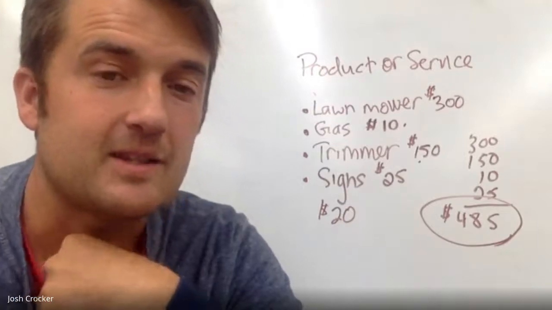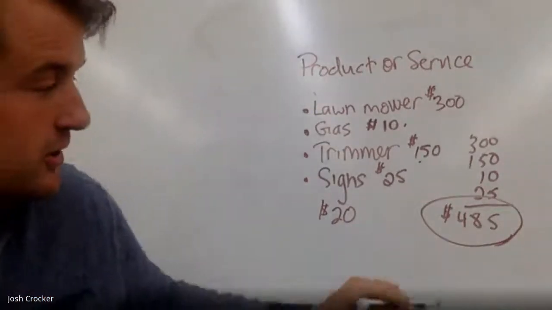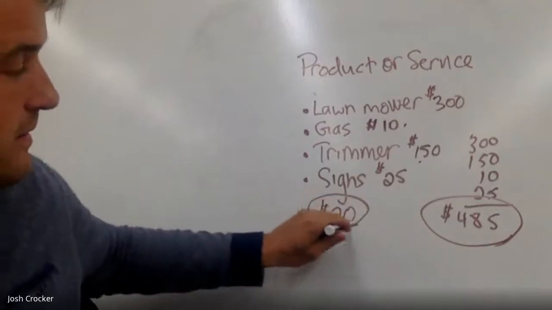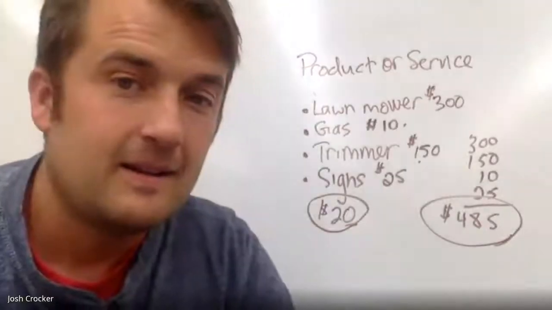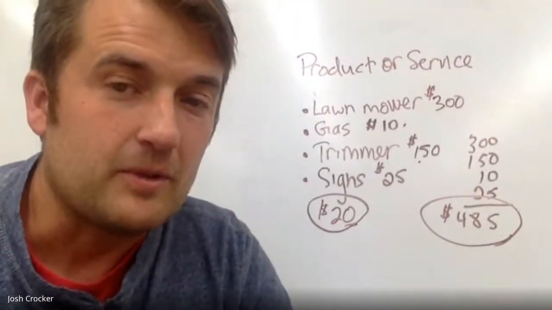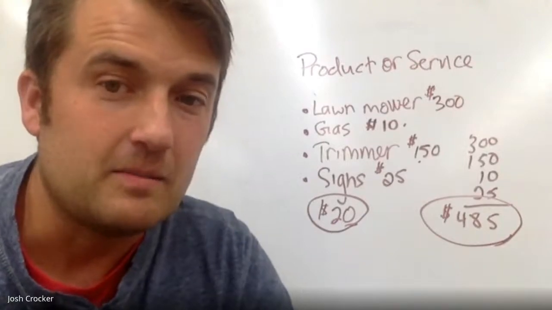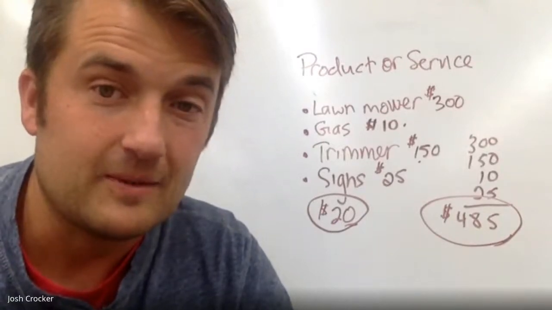Okay. So I want you to come up with how much you're going to charge. And then I want you to come up with an idea of how many you need to do or sell. Okay.